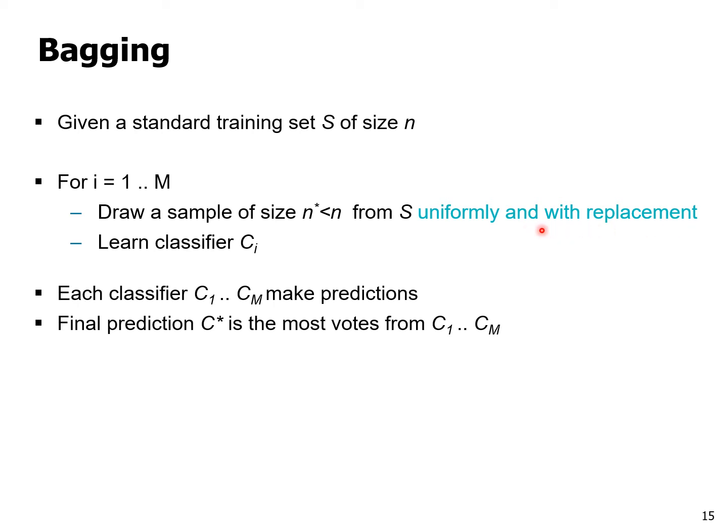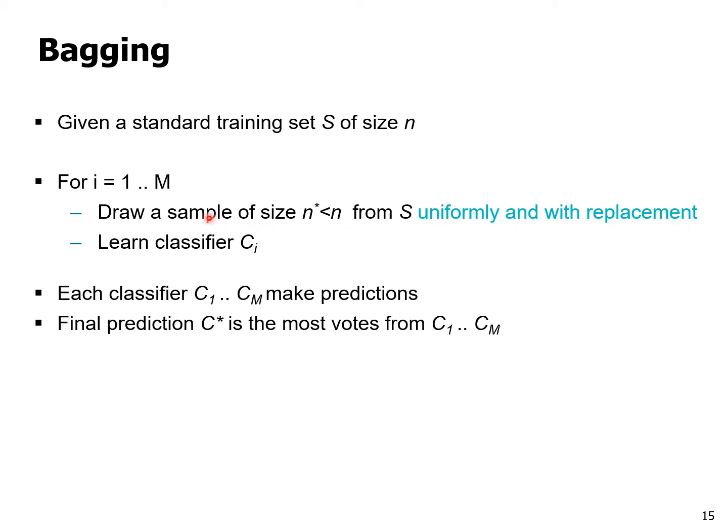With replacement means one data point in S may not appear in the sample, and one data point in S may appear multiple times in the sample. Uniformly means each data point in S has the same probability of being selected. So you draw a sample of size n star uniformly and with replacement.